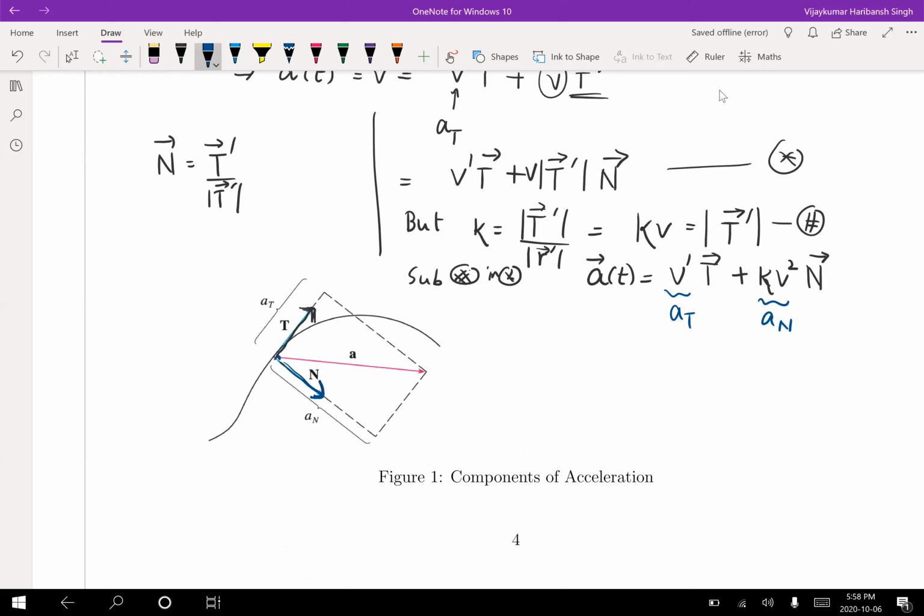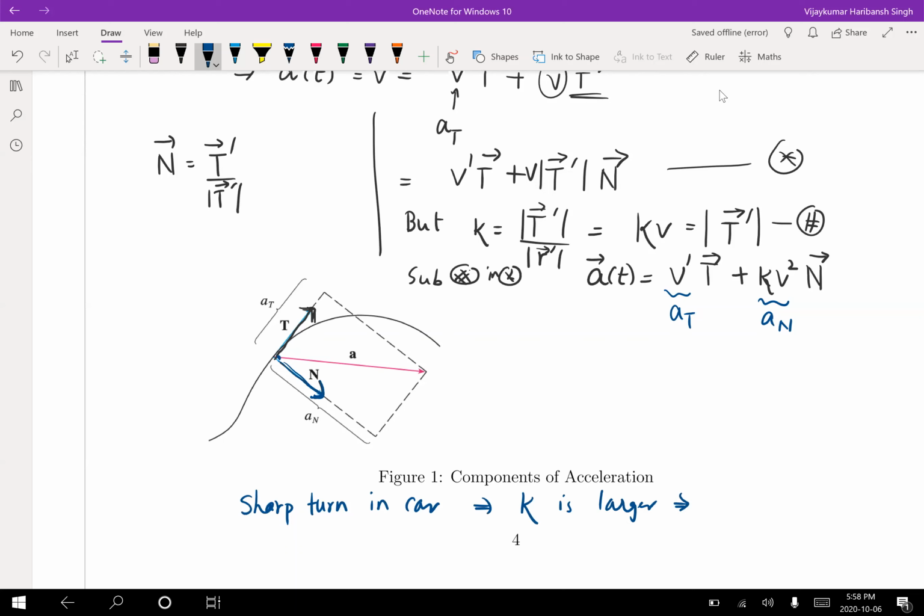So in this sense, if a passenger takes a sharp turn, that means the value of curvature is larger, right? If you take a sharp turn in a car, this implies k is large.